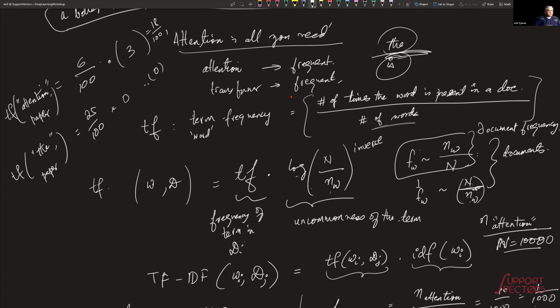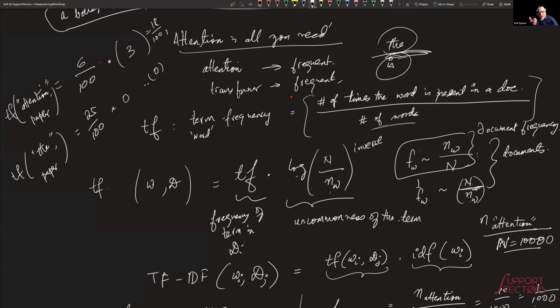So now term frequency multiplied by inverse document frequency, what does it give you about a word? This seems to achieve our goal, right? It shows how important this word is in the document. Do you see that, guys?